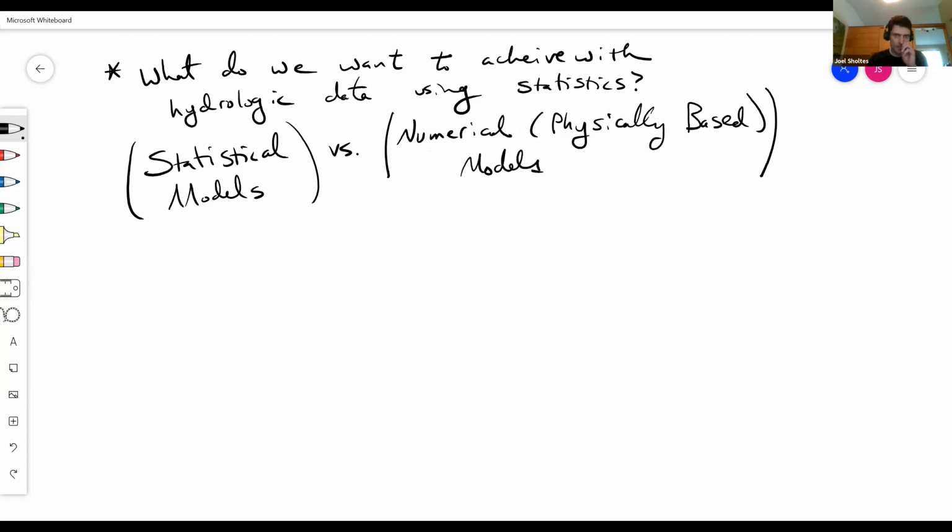Although I should say HEC-HMS has a lot of empirical and statistical information in it. You know, the curve numbers and the equations for the curve number, et cetera. Statistical models is just taking data and making predictions using equations based on the data themselves. So this is empirical.